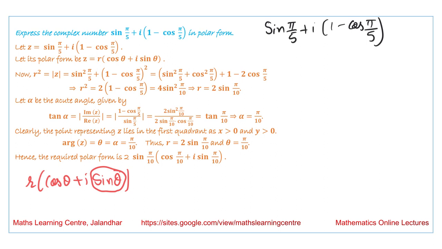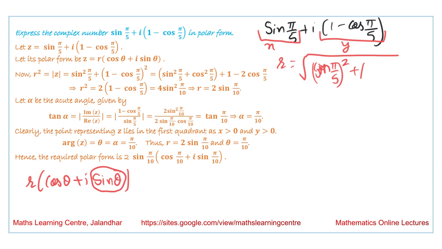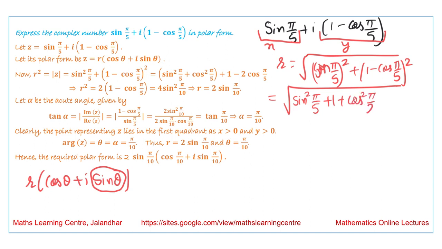So to calculate the value of r, we write this value as x and this value as y. So the value of r is the square root of sine pi by 5 whole square plus 1 minus cos pi by 5 whole square. So this is equal to the square root of sine square pi by 5 plus 1 plus cos square pi by 5 minus 2 cos pi by 5.